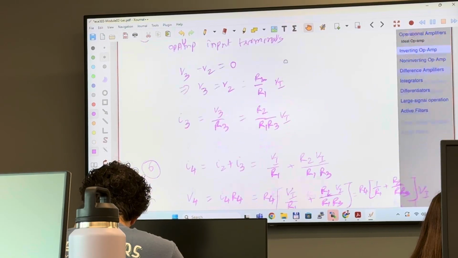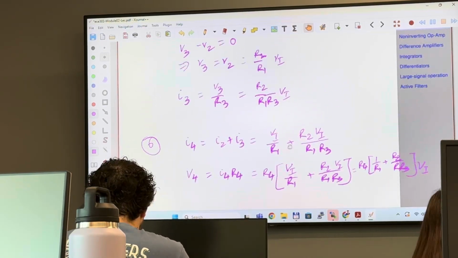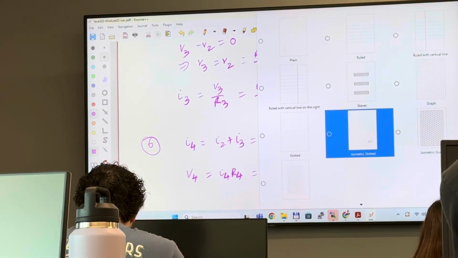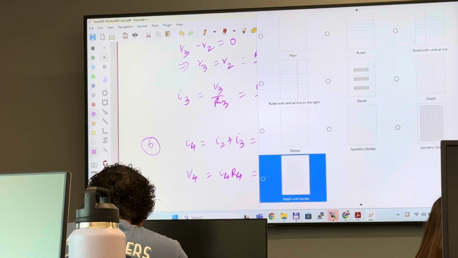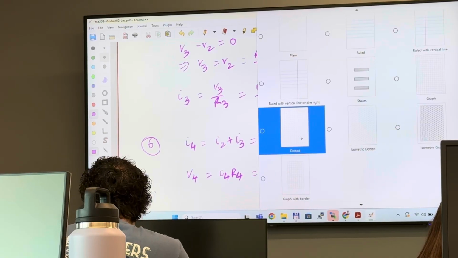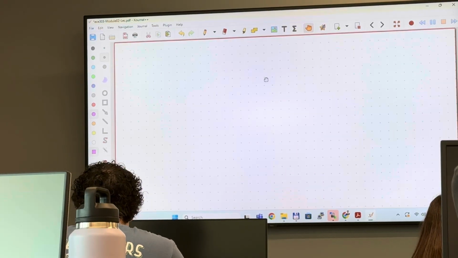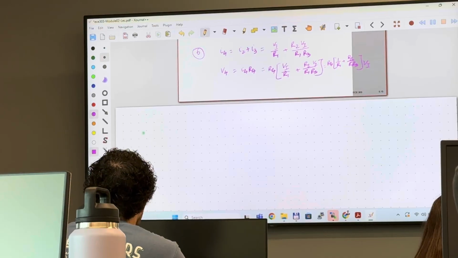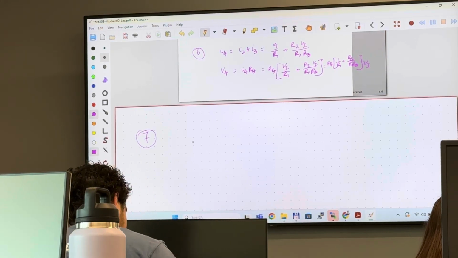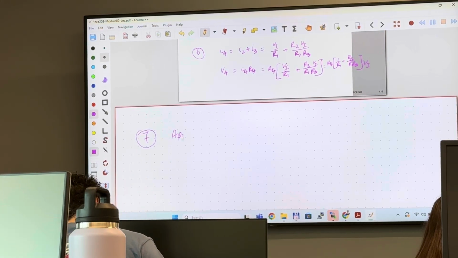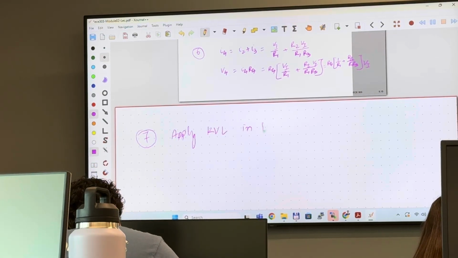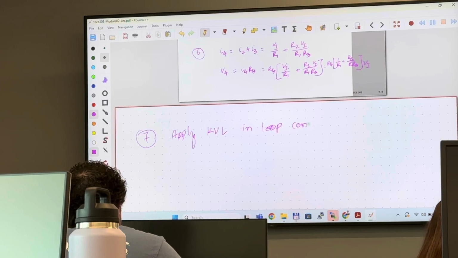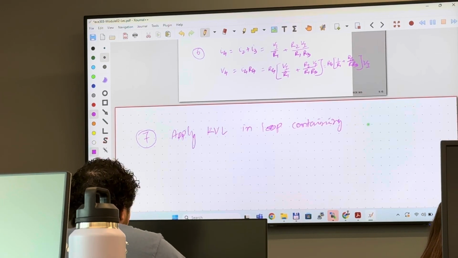So write step number 7. Apply KVL in the loop containing what?